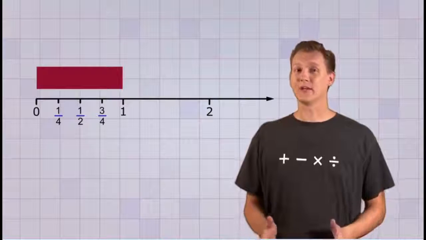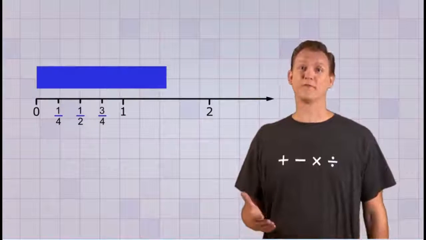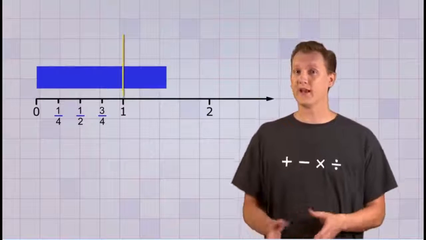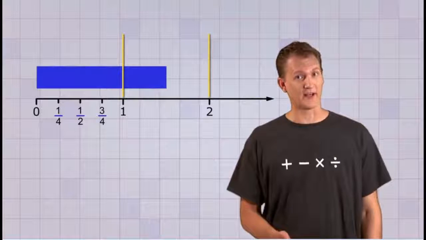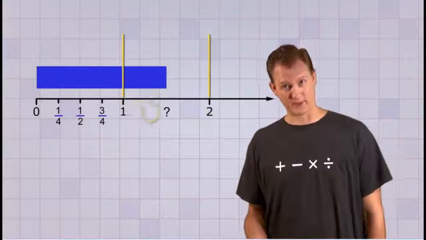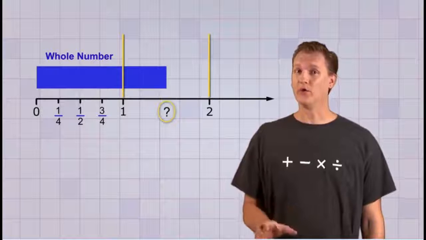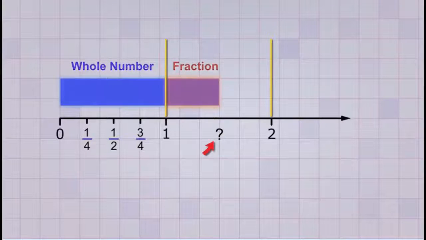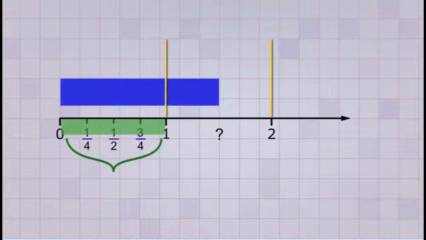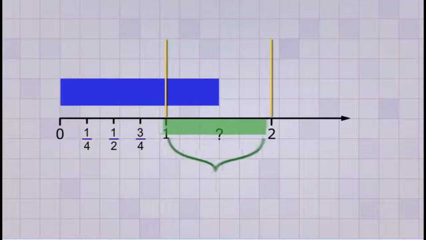And now let's measure a rectangle that's even longer. Now this one falls somewhere between the whole numbers 1 and 2. To write its length, we're going to need the number 1 plus a little bit more. So that means we're going to need a whole number and a fraction. To figure out what that fraction will be, notice that the space between the 0 and the 1 is the exact same length as the space between the 1 and the 2.